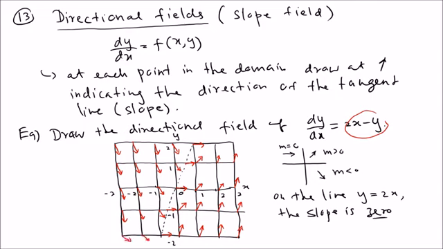Because of the negative sign, it gets less steep when you go down. So this has to be less steep than that. Good. So when you go down, it gets less steep because of the negative y sign.